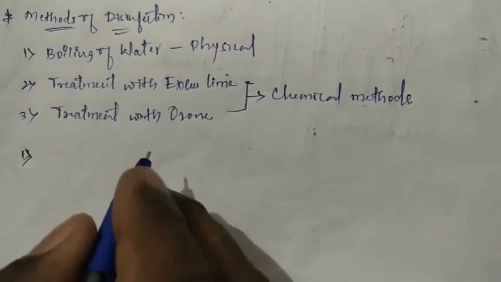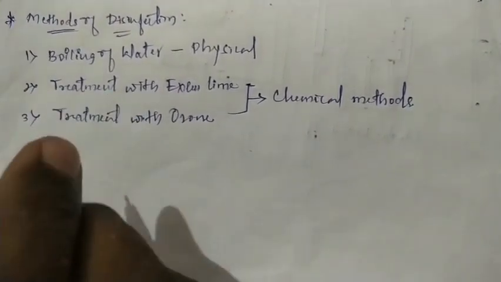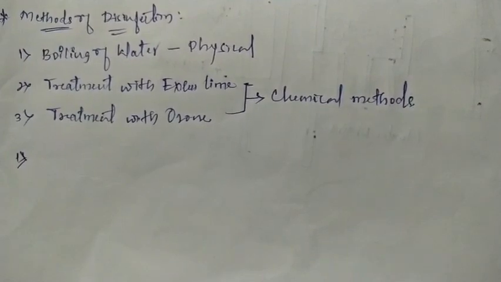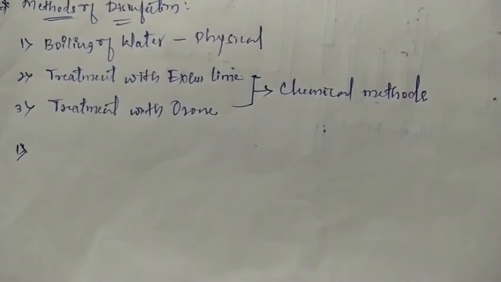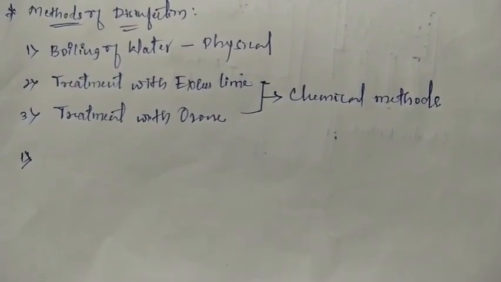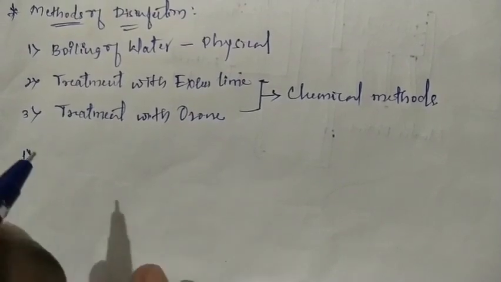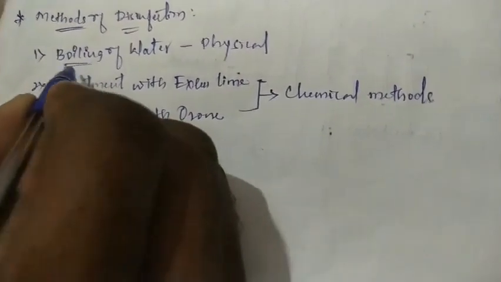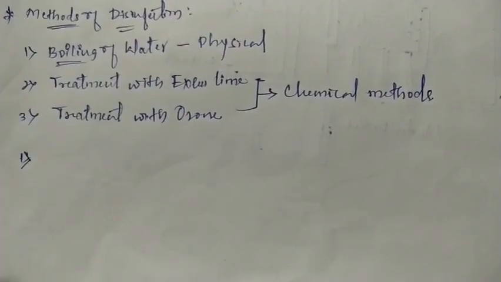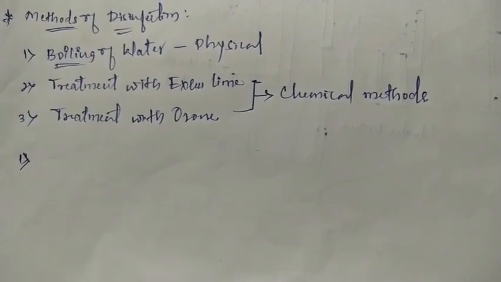Hence it is not used for disinfection in public supplies. However, during waterborne epidemics, the public is advised to drink boiled water. In a public water supply system we cannot use this method of disinfection.